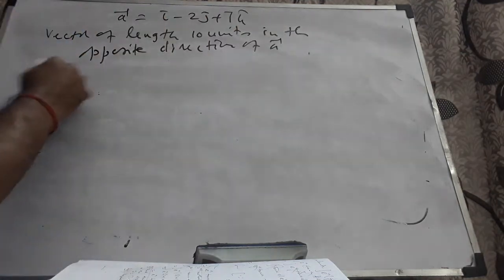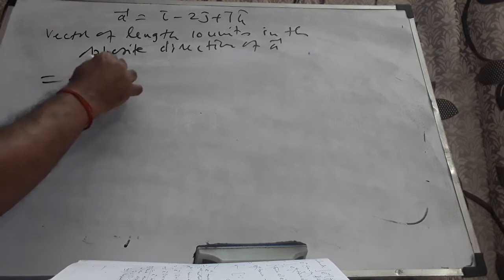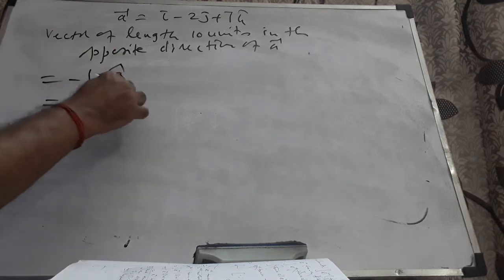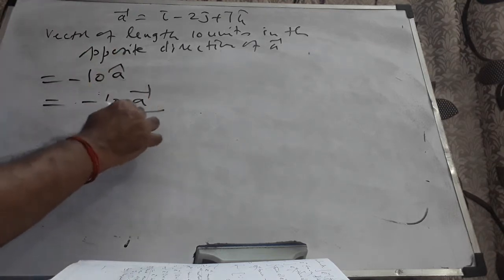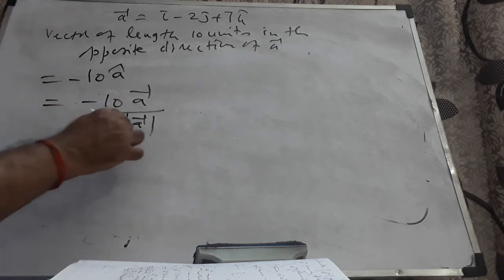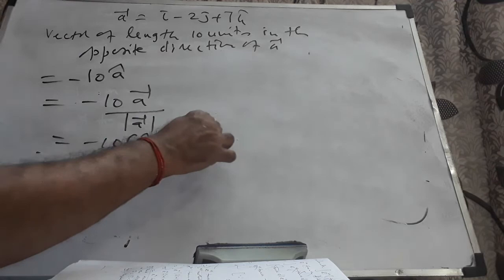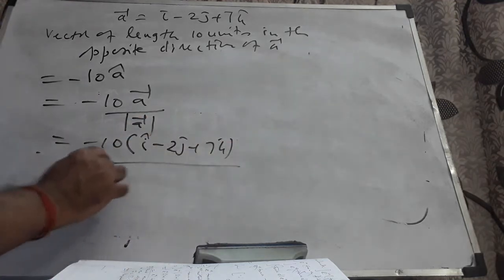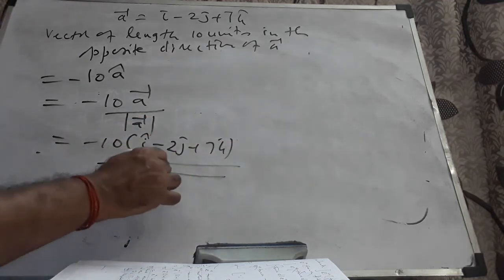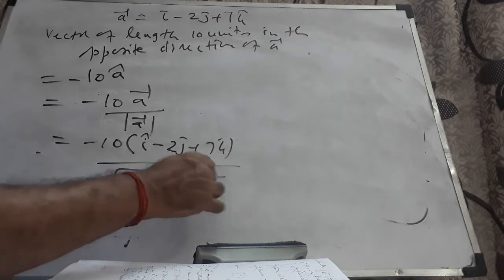A vector of length 10 units in the opposite direction will be minus 10 A cap, which is minus 10 A vector by modulus A vector. It is minus 10 into i cap minus 2j cap plus 7k cap by root of 1 square plus minus 2 the whole square plus 7 square.